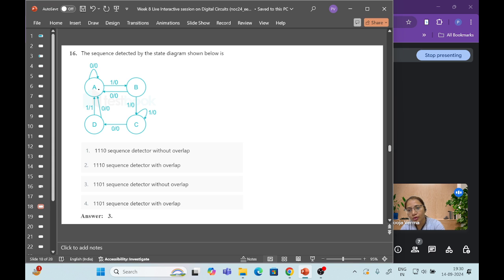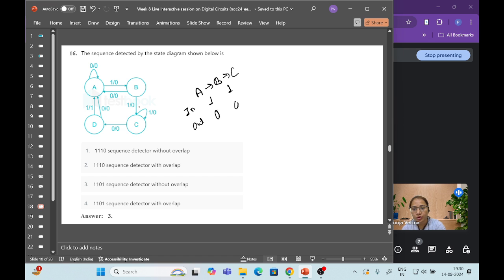This one is moving in the forward direction. That means from A to B, input is 1 and output is 0, right? Now for the next move, B to C, input is 1 again, output is 0.